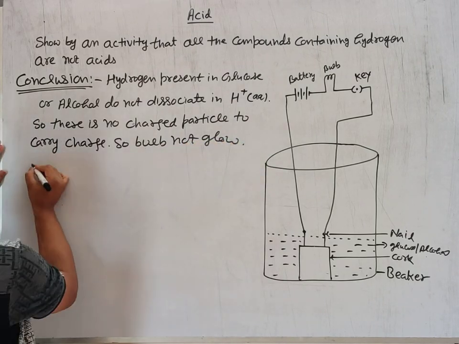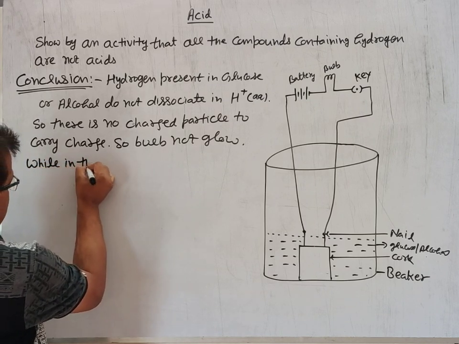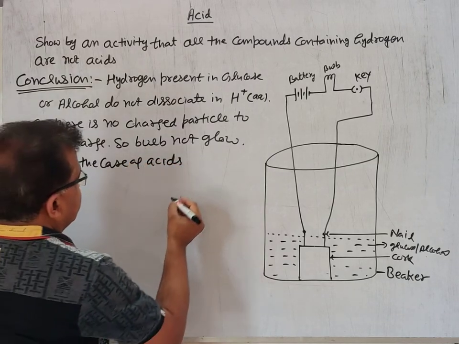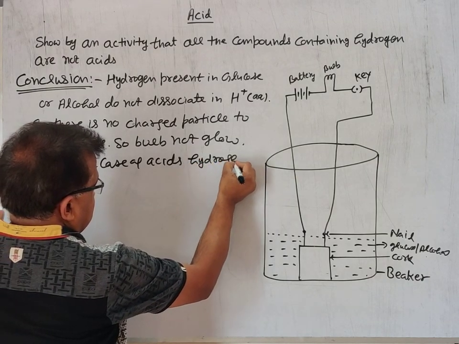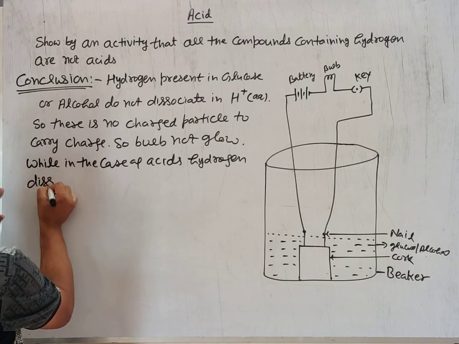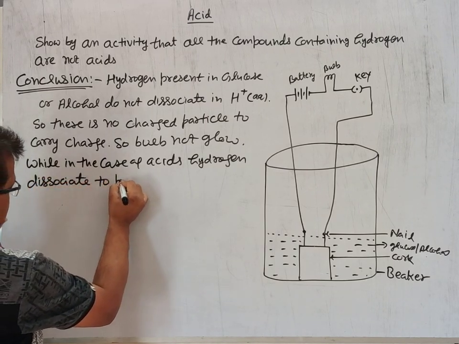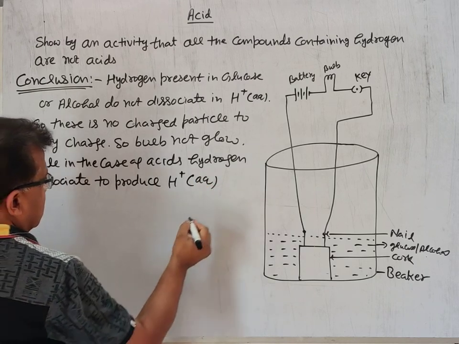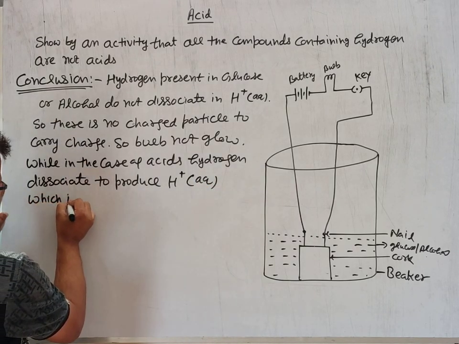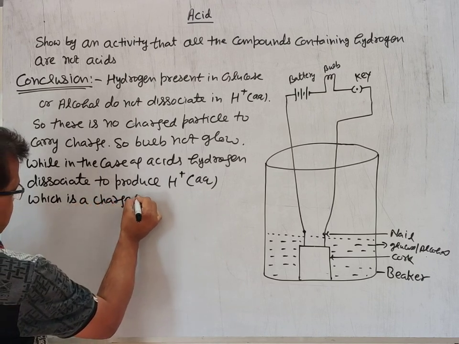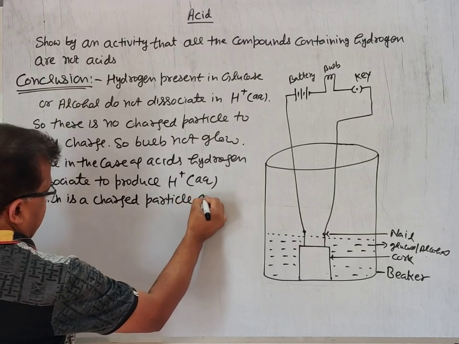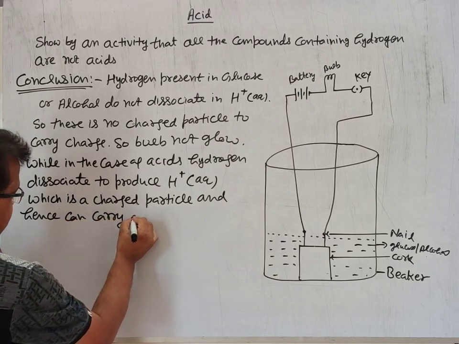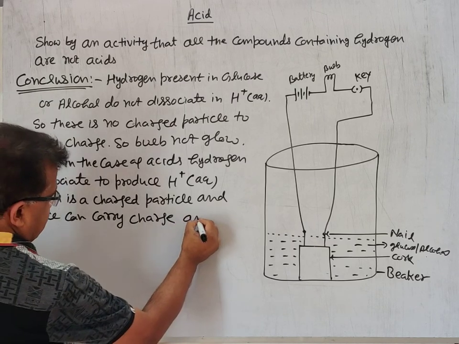While in the case of acids, that is sulfuric acid and hydrochloric acid, hydrogen dissociates to produce hydrogen ion in aqueous solution, which is a charged particle and hence can carry charge or current, and hence the bulb glows.